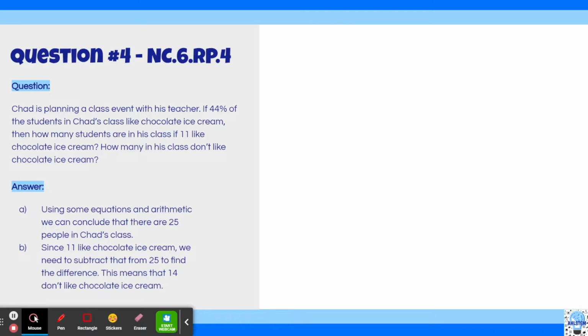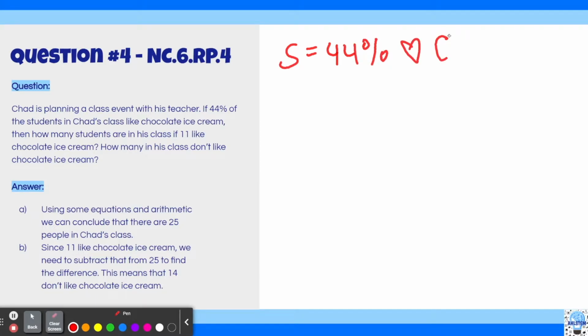So 44% of the students in Chad's class equals those who like chocolate. That means the rest don't like chocolate. Okay? 11 like chocolate ice cream.